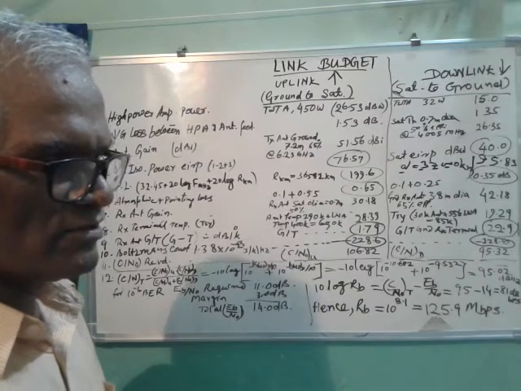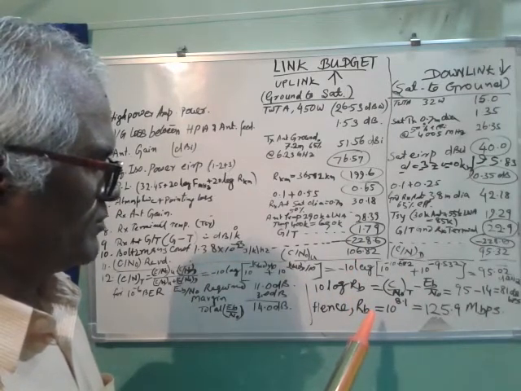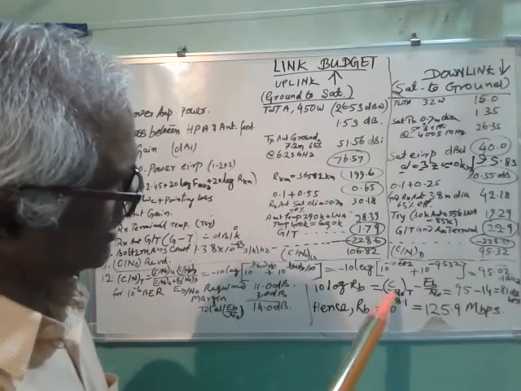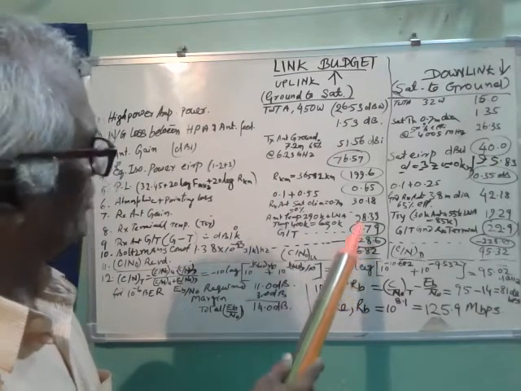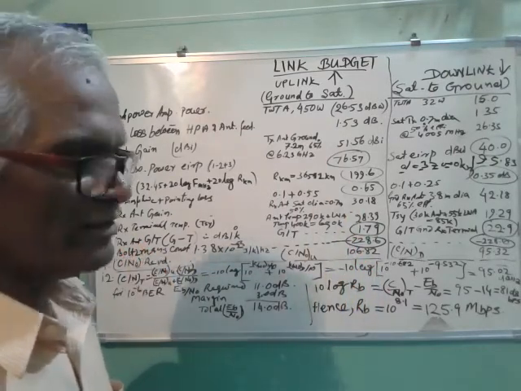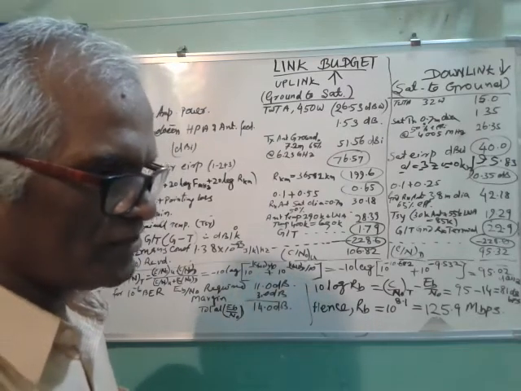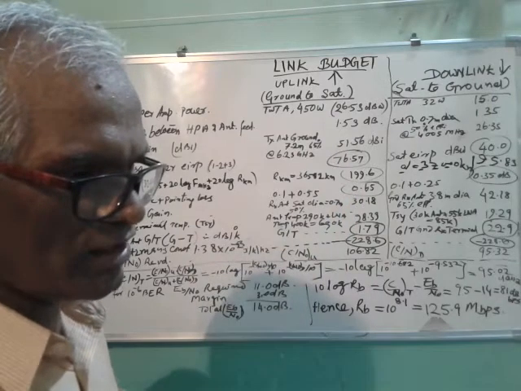Then, to know this information rate, we will cross calculate and come out with what transmit terminal ERP and receive terminal G by T are required.